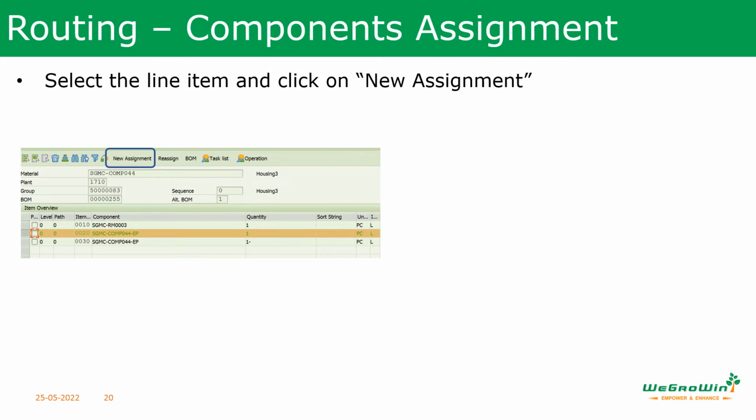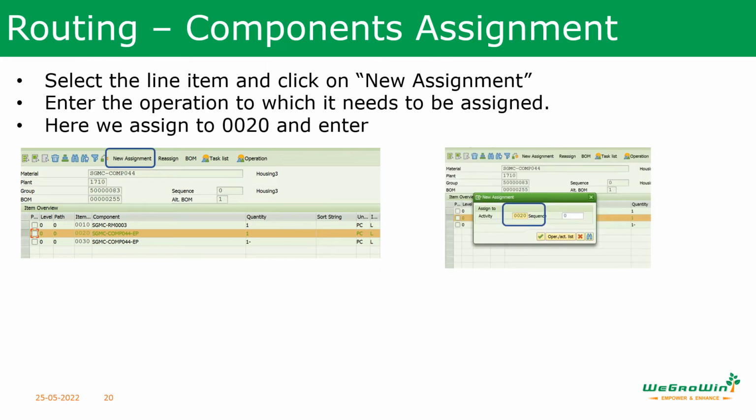Now we can also select the particular line item that you have to take, you have to do the new assignment, because all these -1 and +1 both are assigned to the first operation only. But we need to change the assignment. How do we change the assignment? We take the item and where is it is the +1, right? That we have to move it to operation 20. Why we have to move it to operation 20?